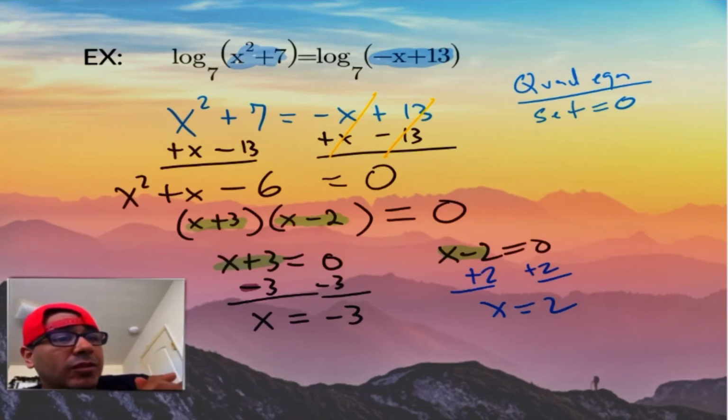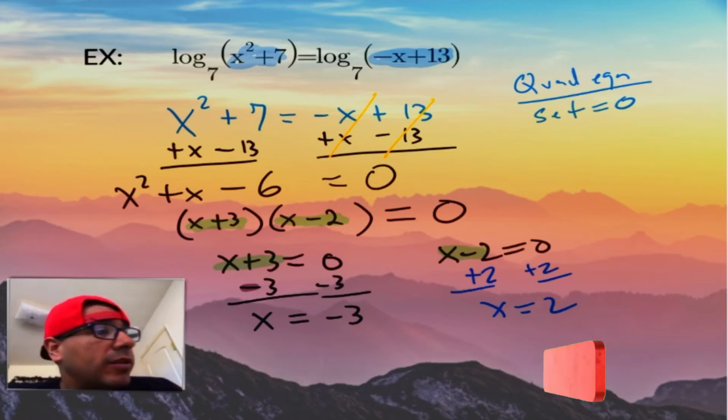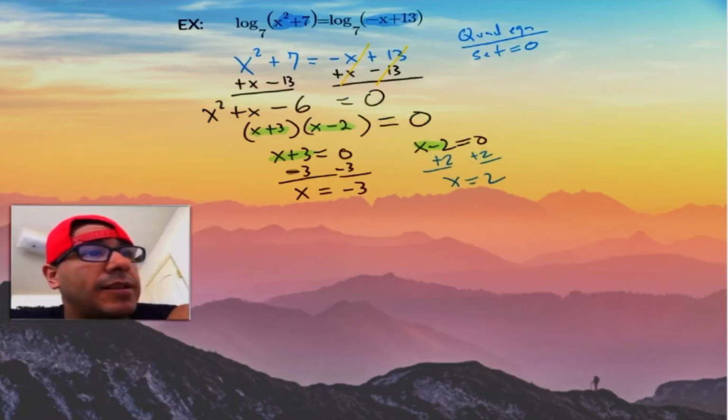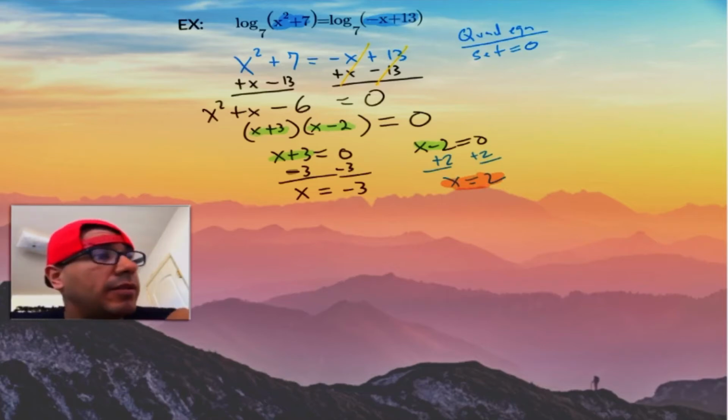All right, let me show you how this check works. I'm going to grab that 2, this one right here. Let me highlight it so you know what I'm talking about. I'm going to plug it into the original, right?